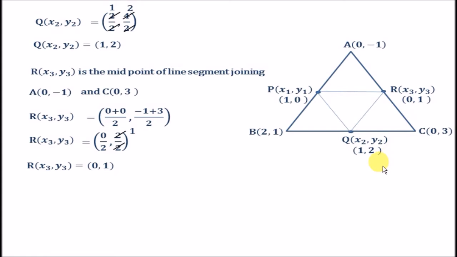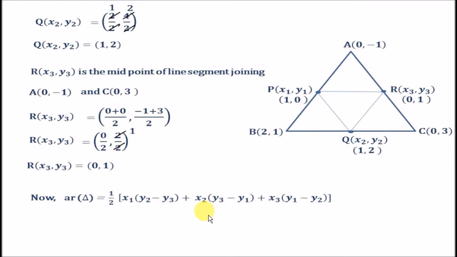Now we can find the area of this triangle. Since the area of a triangle is half into x1 (y2 - y3) plus x2 (y3 - y1) plus x3 (y1 - y2), now let's put the values. Area of triangle PQR equals half, x1 into y2 minus y3.